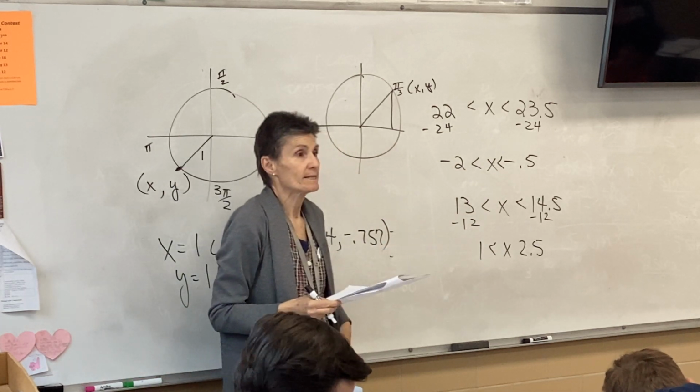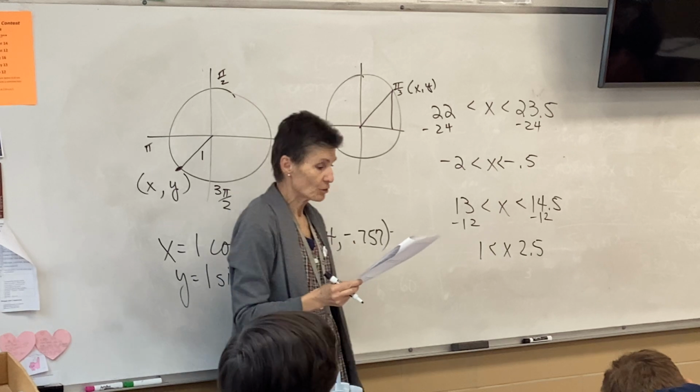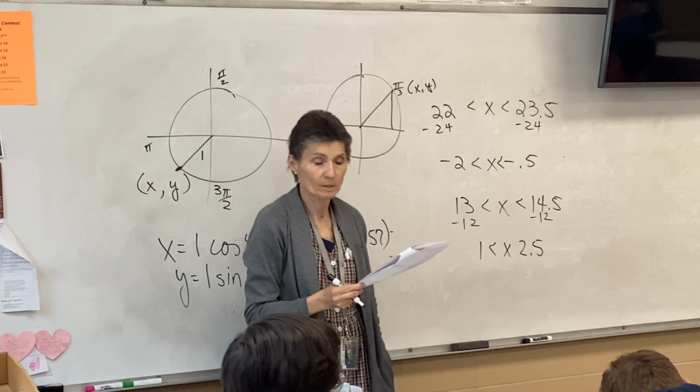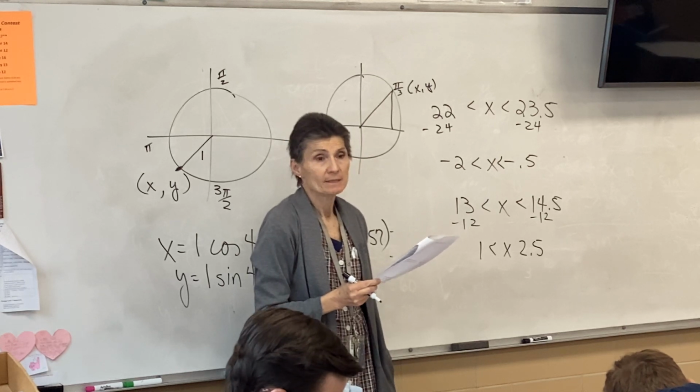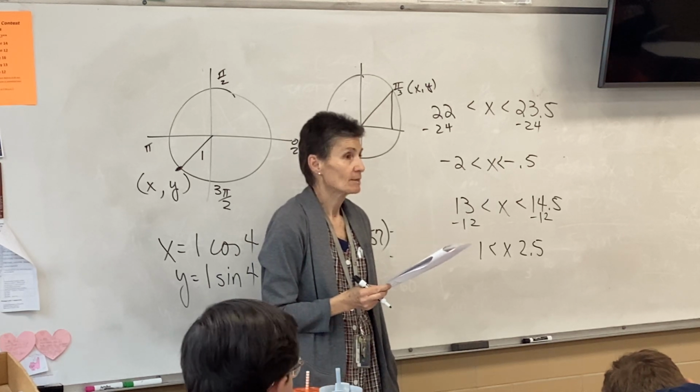I subtracted 36 and brought it down to 2.5 to 4. You may have picked a different number. And I got concave up and decreasing. Is that what you did?